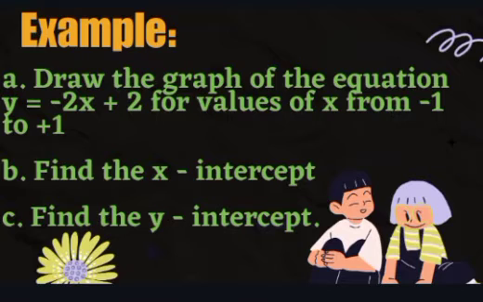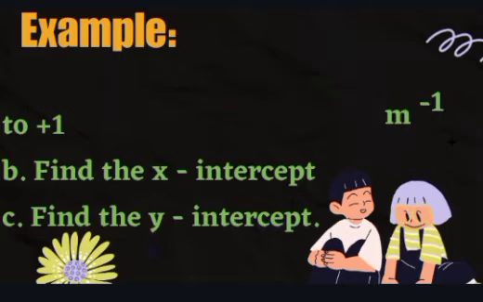This we are going to see as we go further. And secondly, you are expected to find the x-intercept and the y-intercept. You are going to learn more about them by the time we get there.